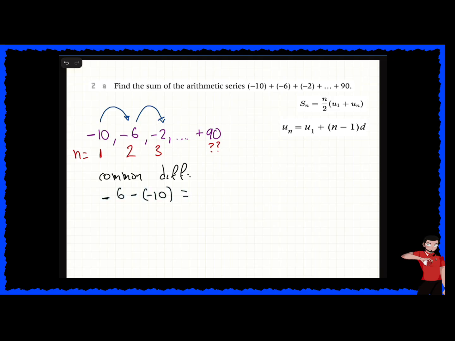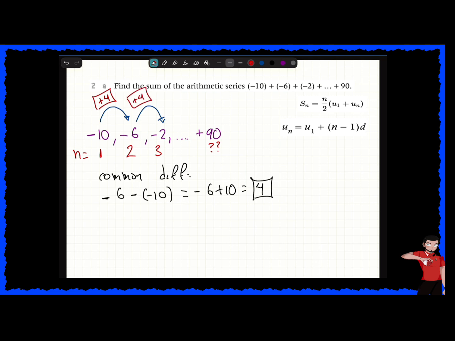Minus times minus, or negative times negative, becomes positive. So it's basically like minus 6 plus 10. So this is a positive 4. This is the trick. We have a positive 4, and this is the common difference. So it's increasing by 4, by 4, by 4. So this is plus 4.